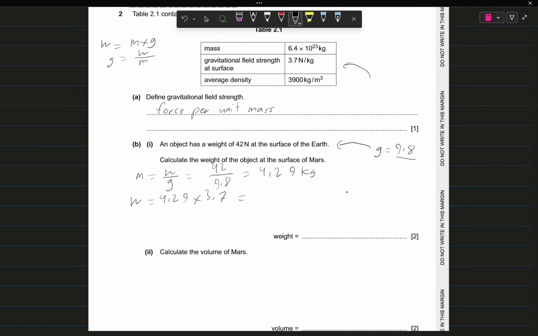And that will give us 15.9 kilograms, or I mean newtons, since it's weight. However, since here we have all of our values to two significant figures, should our answer also be two significant figures? Yes, of course, so that will be 16 newtons.